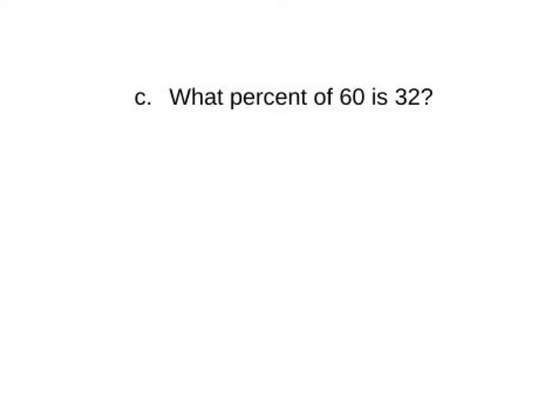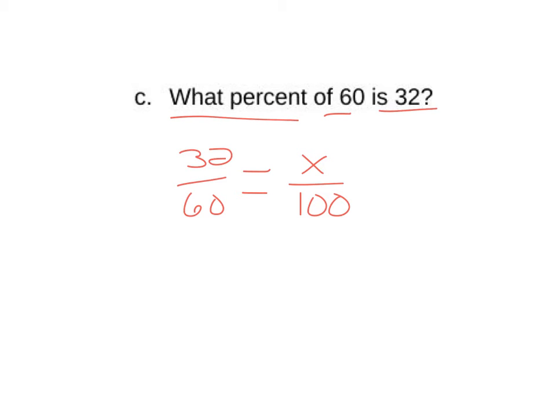Example C, if we're saying what percent of 60 is 32. So if we start looking at this, what percent, again, we don't know what x is, so we know it's going to be x out of 100, of 60 is 32.